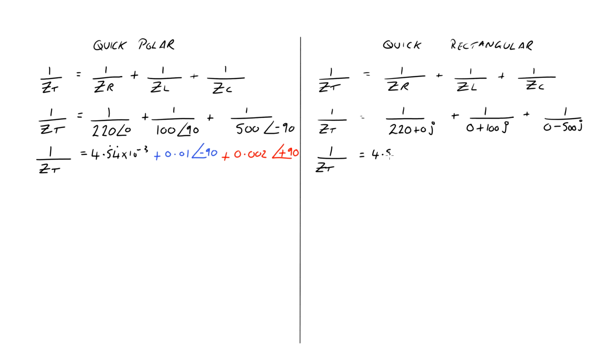In rectangular form, we have the same resistive impedance, the reciprocal of that, and then we have 0.01 times minus J for the inductor, and then we have 1 divided by 500, which is 0.002 times positive J for the capacitor.